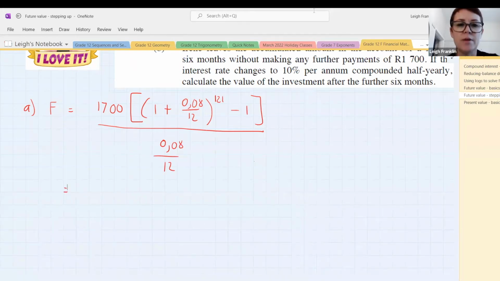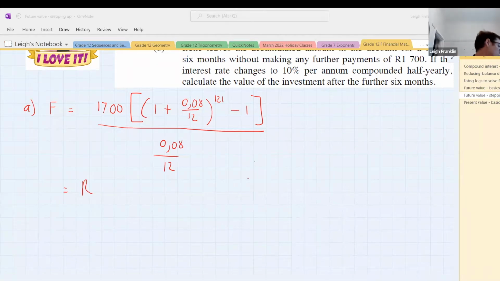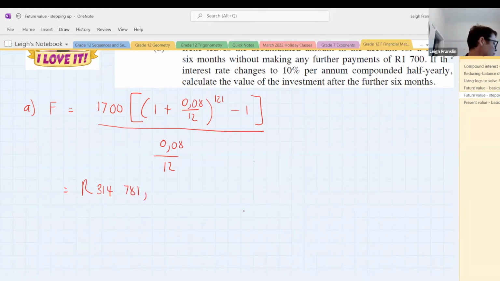So fairly standard, ordinary sort of question, exactly what we were doing the last time. So we can pop that into our calculator and see what we get. You can tell me what your answer is, and I'll tell you mine. I agree, I got exactly the same answer as you: 314,781 Rand and 65 cents.